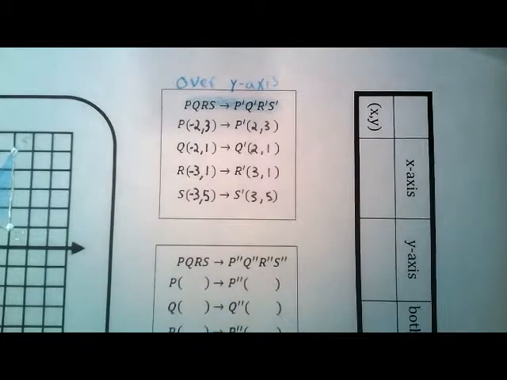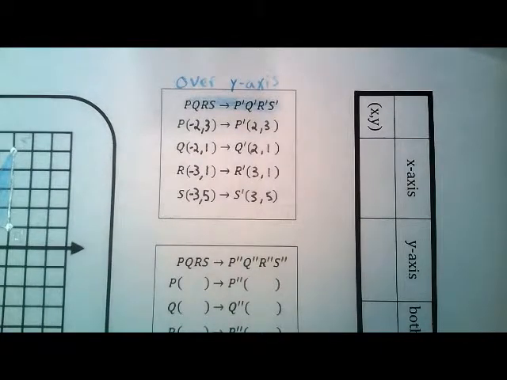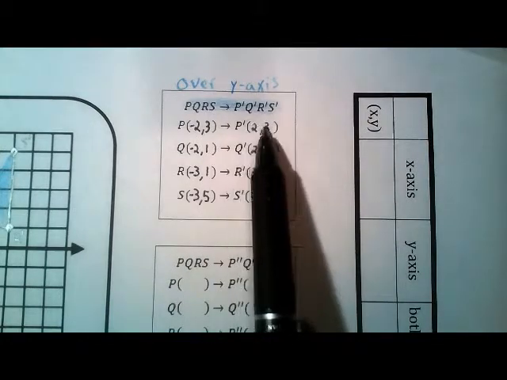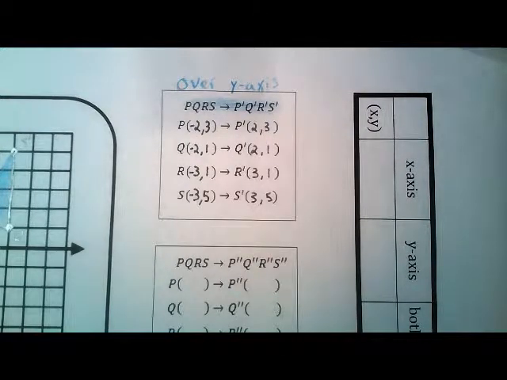So if we just focus in on the table that we just created, do you see a pattern when we flip over the y-axis between these xy pairs and then the corresponding xy pairs? So I want you to try and think about what that pattern is.